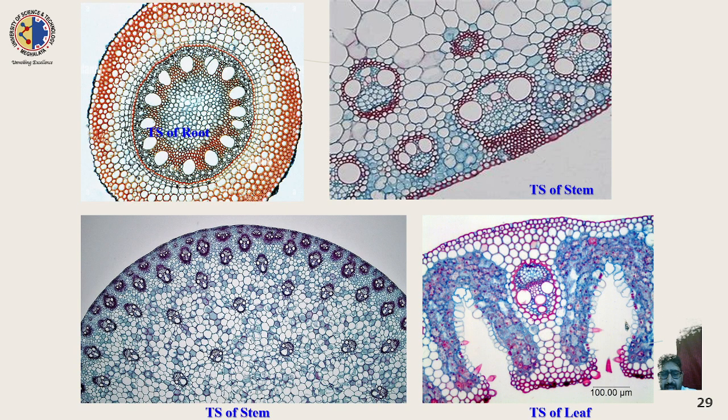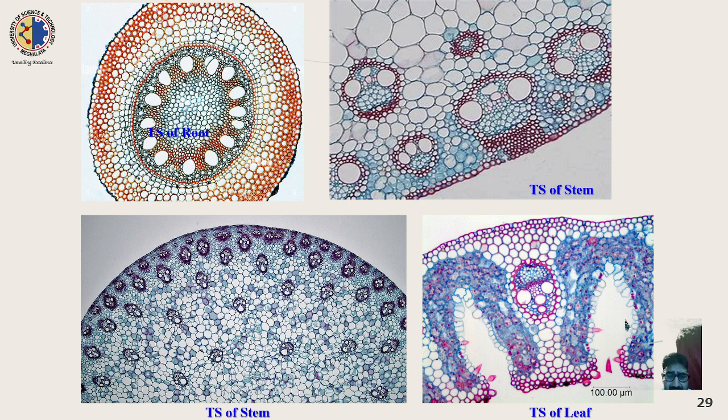In most Poaceae species, trichomes are absent. In ground tissue you will find parenchymatous, collenchymatous, and sclerenchymatous cells, but if you see the TS of stem here, you will not find any collenchymatous or sclerenchymatous cells.